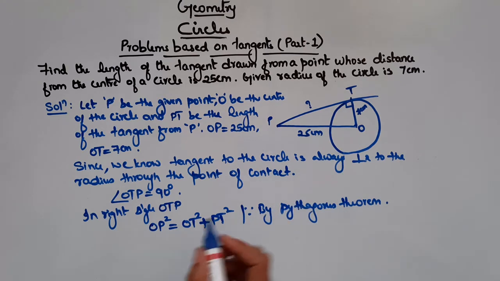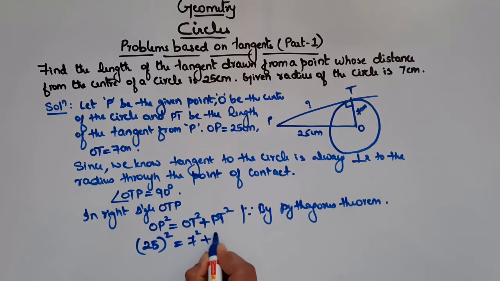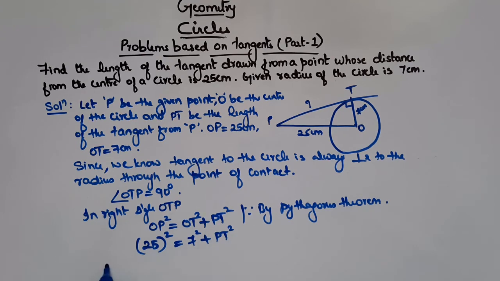So here OP is 25 centimeter. So 25 square is equal to OT here is 7, so 7 square plus PT square. So here our aim is to find PT, right? So this implies 25 square minus 7 square is equal to PT square.